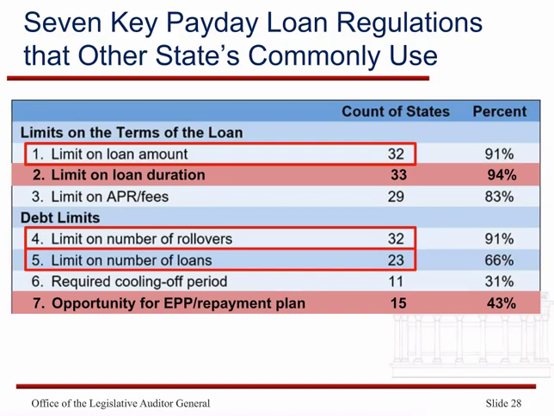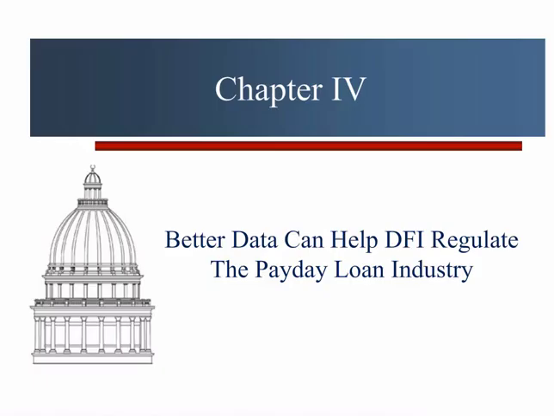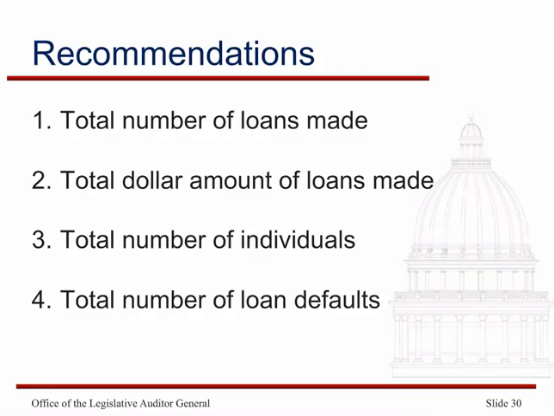So we're at our time limit, but we just really have one more quick area. We just wanted to also, as part of this recommendation package, say that the DFI can regulate better if they would ask for additional data. So this isn't something the legislature needs to do, but we just found it curious right off the bat when we started getting into the data, and we realized they didn't ask for the total number of loans or total dollar amounts or number of individuals or defaults on loans.